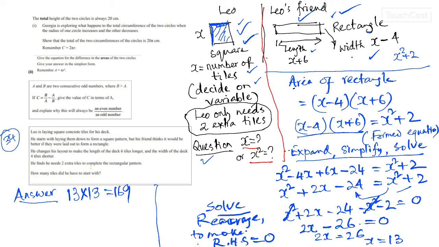Right? And now you can test it. I've tested it, and I found this can be proved. We will have to have 2 extra tiles on top of that. So in fact, this one should give you 171 tiles, so you can test it.